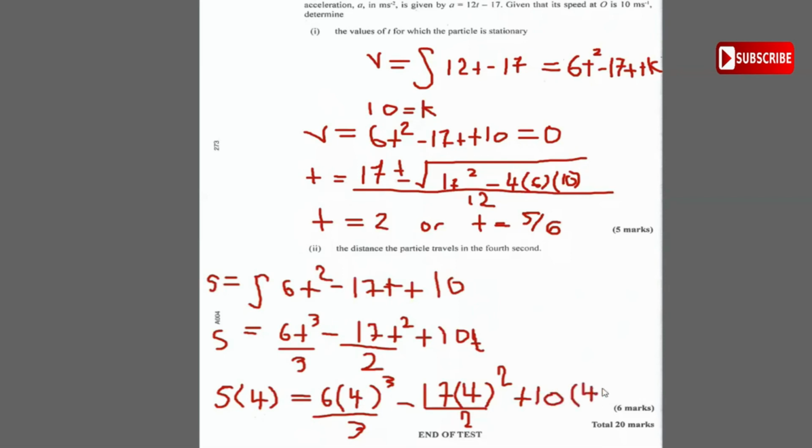Nice and easy. This is S of 4, and that's 32 meters.